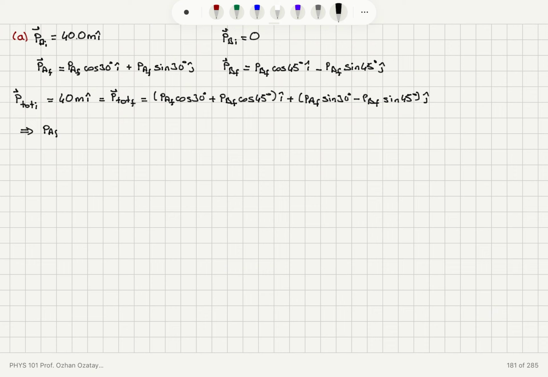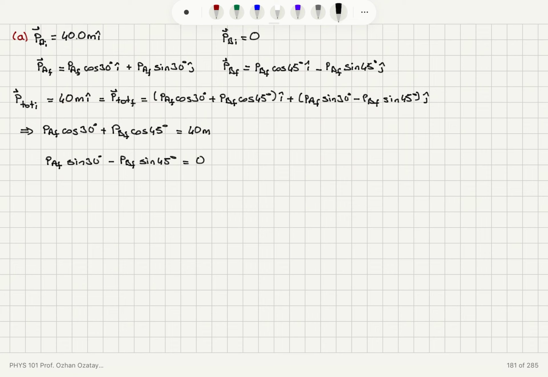PA final cosine 30 plus PB final cosine 45 must be equal to the x component of the initial linear momentum, which is 40 m. The y component, PA final sine 30 minus PB final sine 45 must be equal to the y component of initial linear momentum, which was 0.